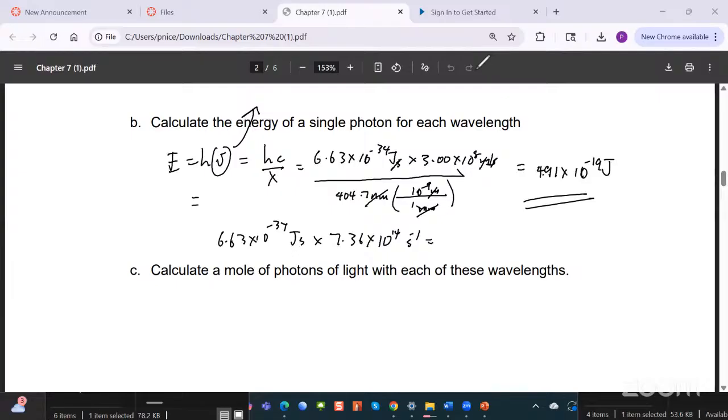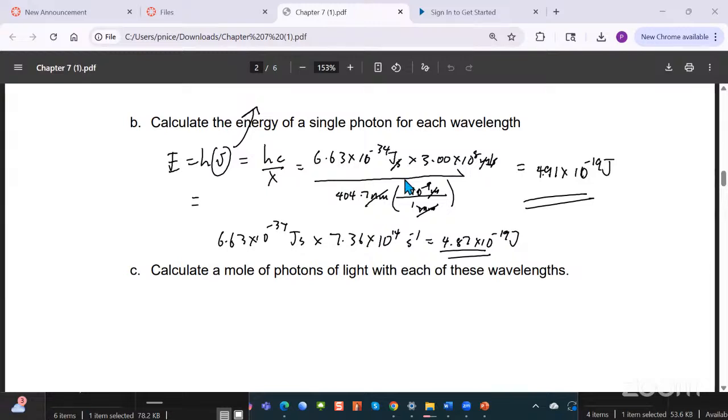Close. Doing it this way, I got 4.87, which is close to what we have here. So that's how that works out. All right. Okay. So that's basically how that is done.